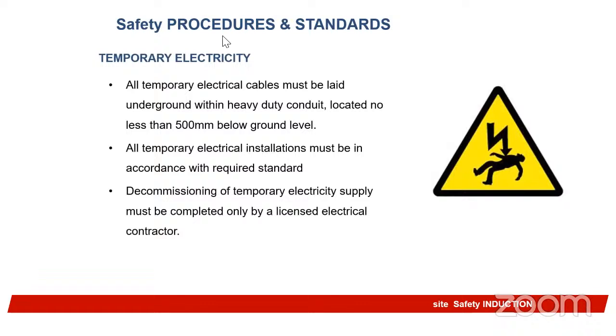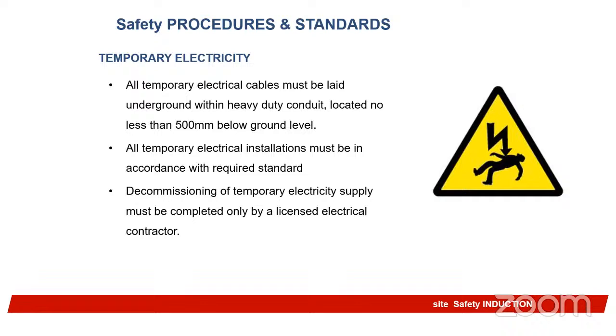Then part of what you also talk about is temporary electricity. All temporary electrical cables must be laid on the ground within heavy-duty conduit, no less than 500 millimeters below ground level. So when you have temporary connections on a construction site, most times we lay the cables overhead.